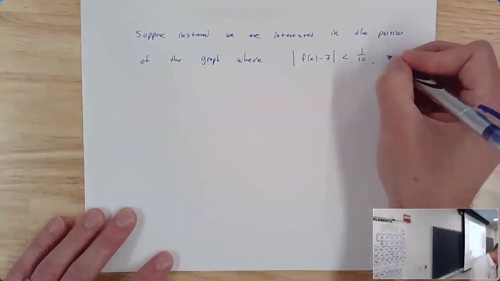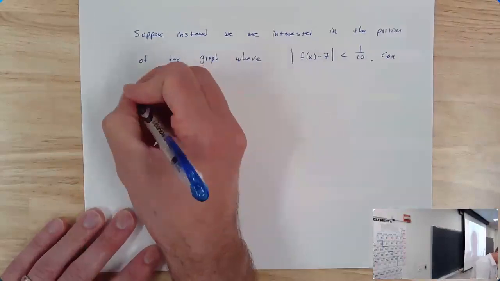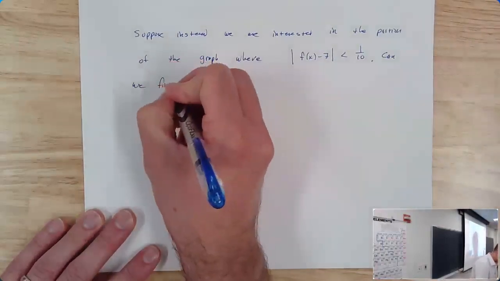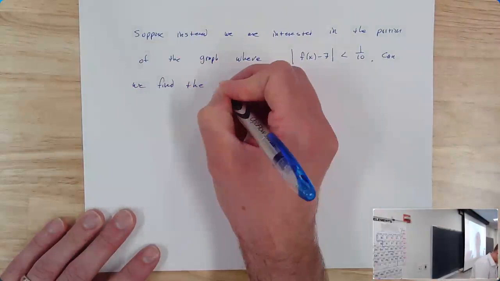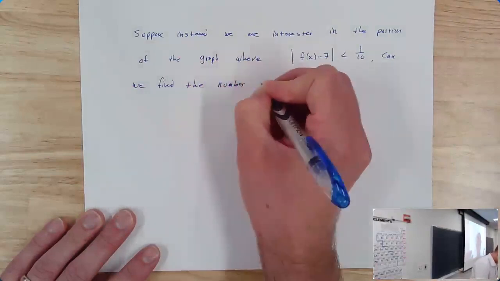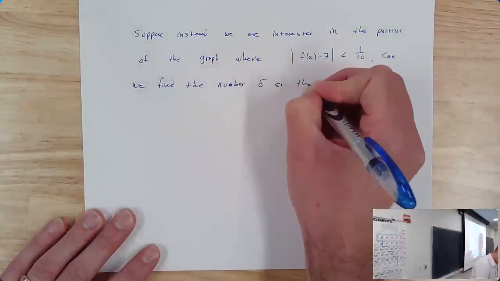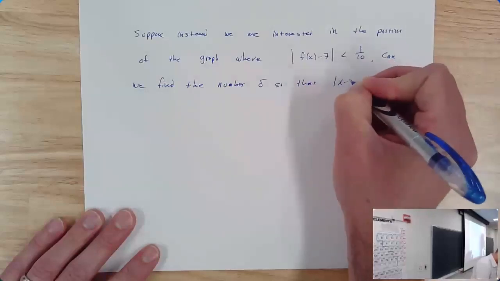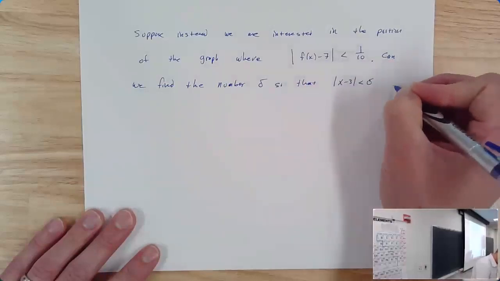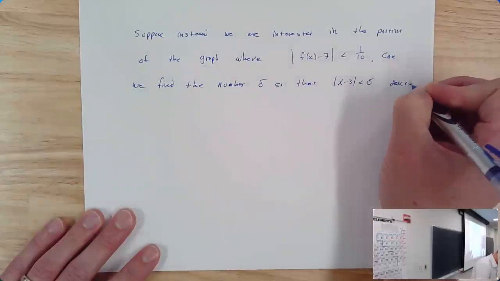So the question now is, can we find, I'm going to start using some of the language we're going to incorporate here, can we find the number delta so that the absolute value of x minus 3 being less than delta describes the same portion of the graph?